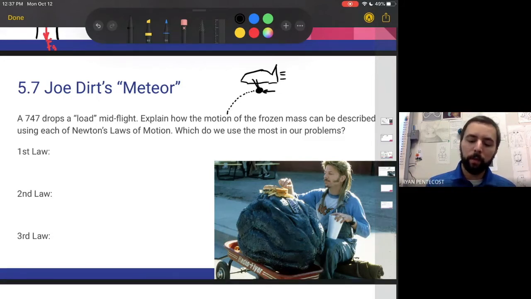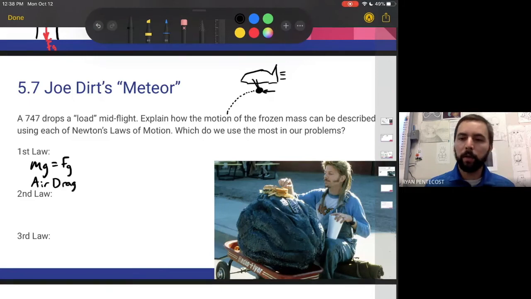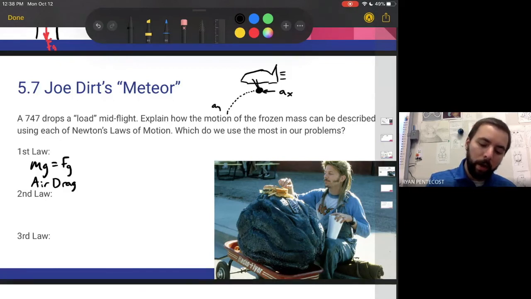We can describe this under the first law by saying that mg, or the force of gravity, will change the motion of the object. You can also say that air drag is changing the motion of the object. In this scenario, if we're not including air drag, there is no acceleration in the x direction, and there is acceleration in the y direction caused by gravity. So that's how we can look at that from first law.